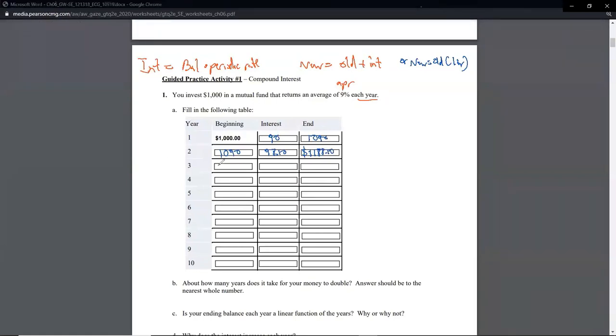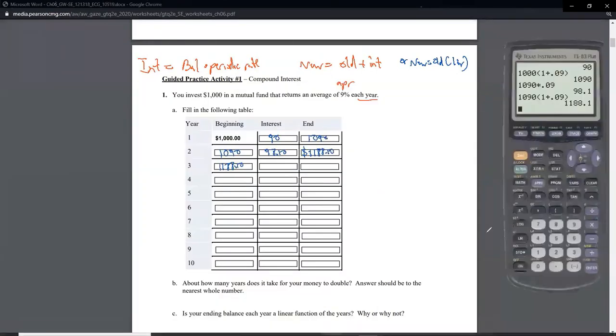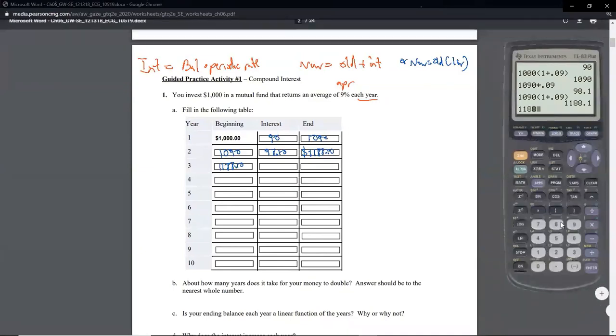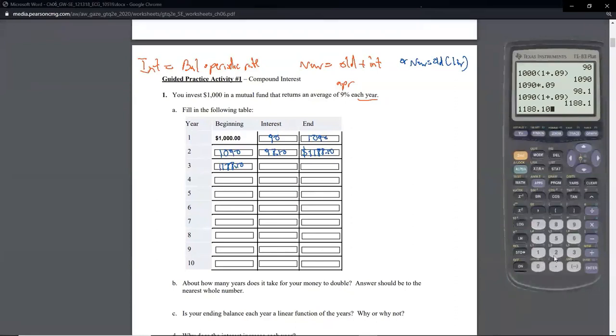Okay, so then the new balance from year 2 will be the original balance from year 3, so 1188.10. And then from there, you can go off of annotate. You can take the 1188.10 times the 0.09 to get your interest. So that would be $106 right here.